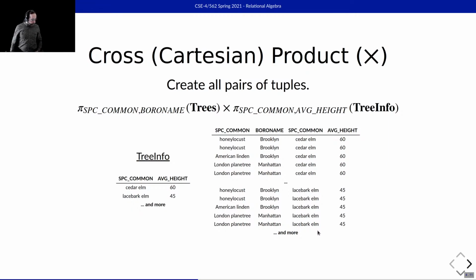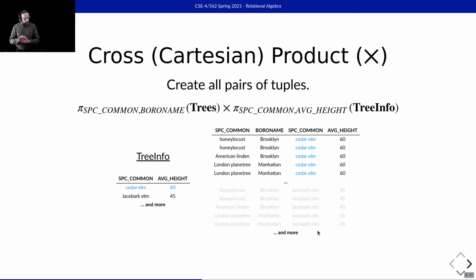To give you an example, if you're having difficulty visualizing this, I certainly do. If I have the tree info table and the trees table, and I'm trying to compute a Cartesian product of two attributes from the tree info table and two attributes from the trees table, then for the first row of the tree info table, I'm going to pair it up with every single row of the trees table. And you can see that here.